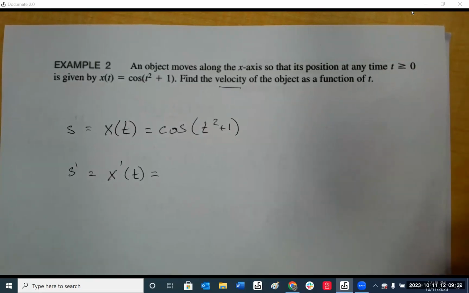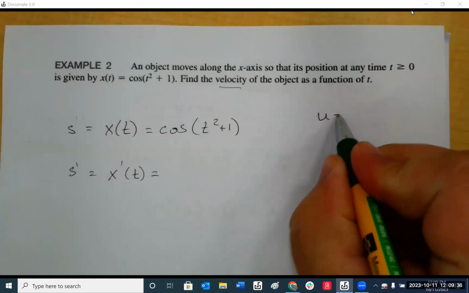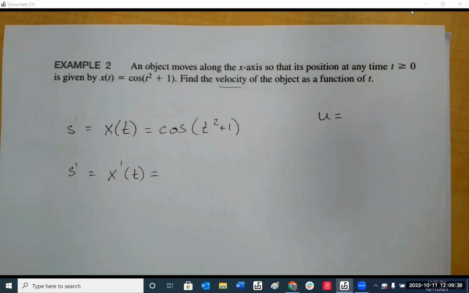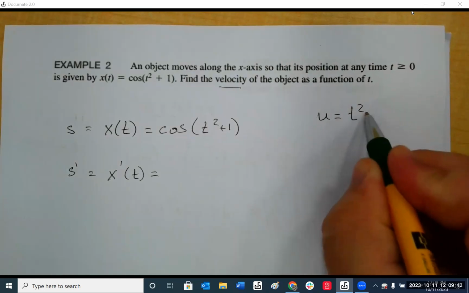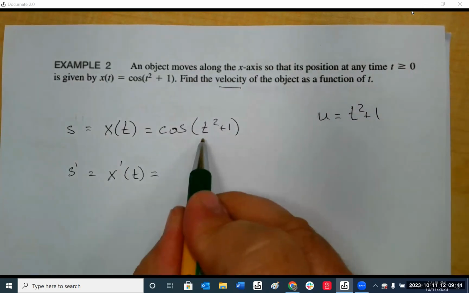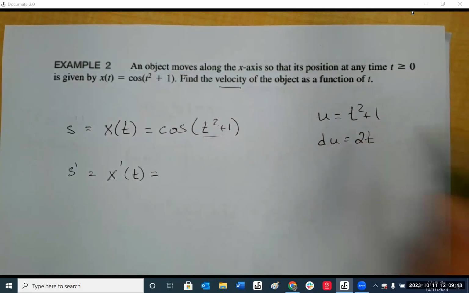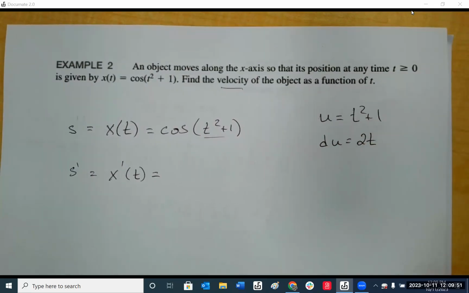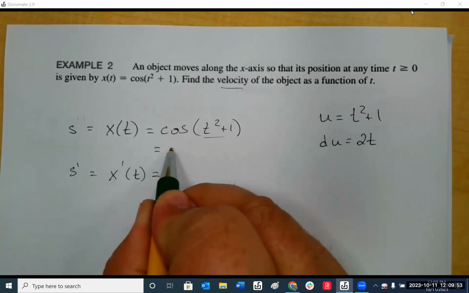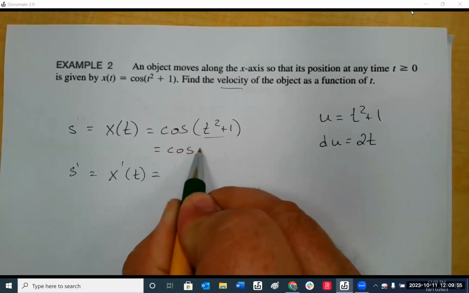Remember, what you have to do is define u. U is the internal function. In this example, what is our u? T squared plus 1. This is our u. So du will be 2t. What we have here is cosine u.